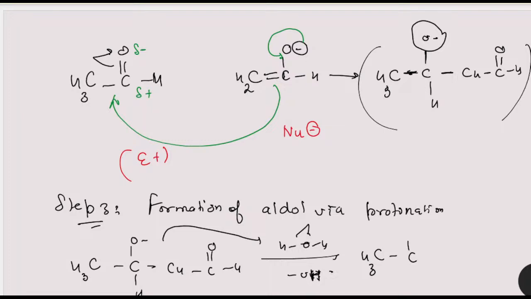I hope it's visible now. So it's an OH, this is H, and this is CH and a double bond and hydrogen. Now aldol is ready. This is aldol, that is alcohol plus aldehyde. This is what we discussed up to the aldol formation.